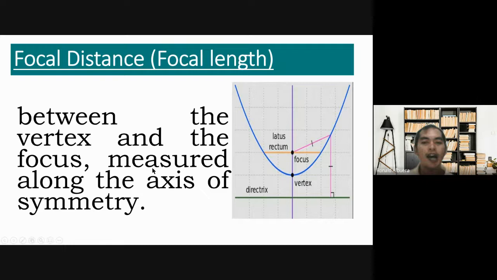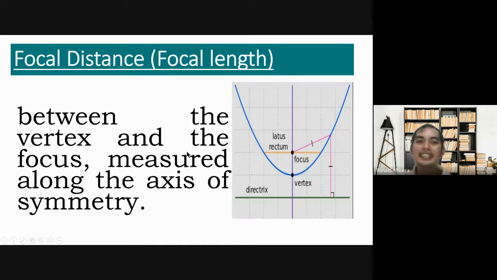How about focal distance? Represented by P. The focal distance is represented also by P. It's between the vertex and the focus. Sabi ko nga sa inyo kanina, between the vertex and the focus. It's also a line segment.